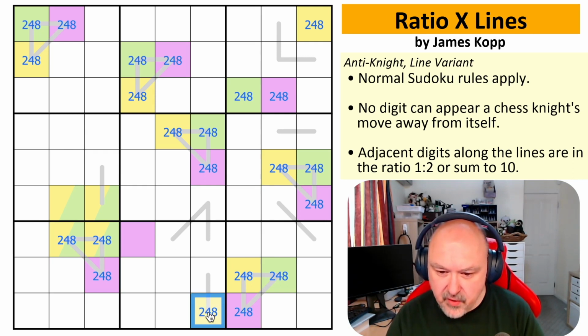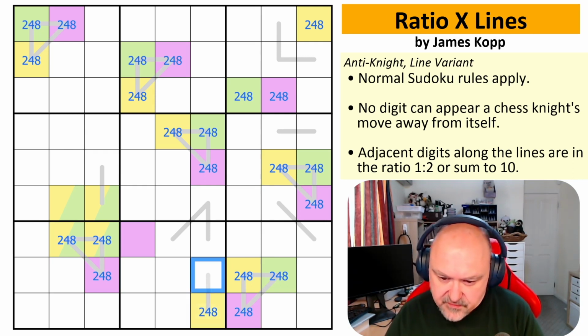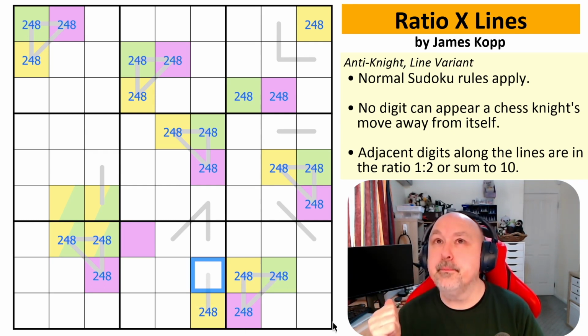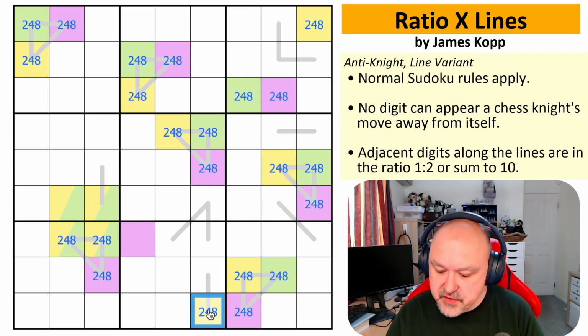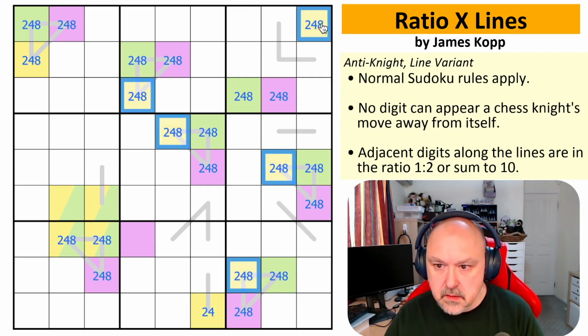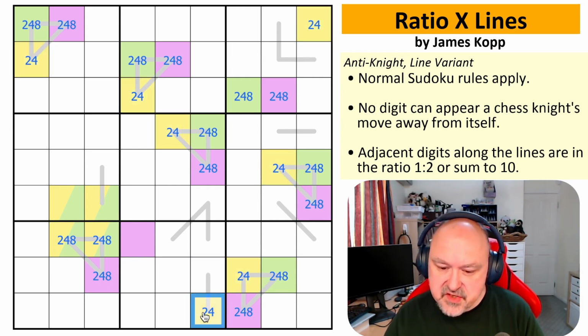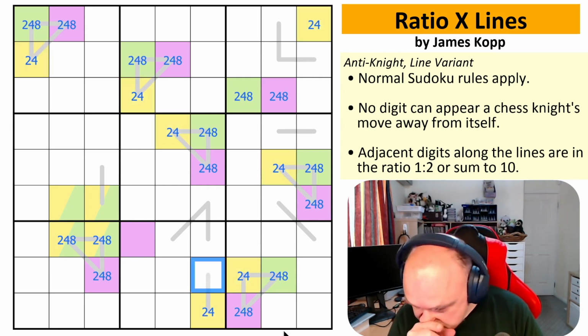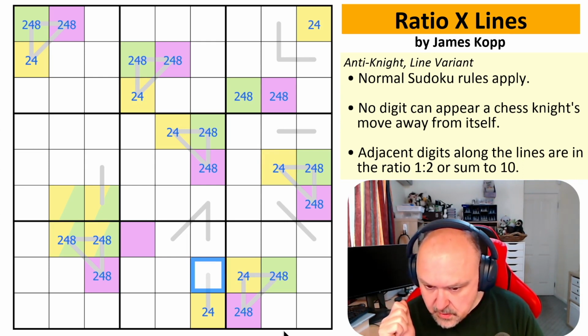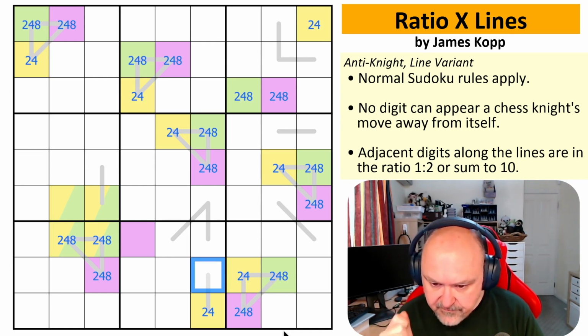So this is 2, 4, 8, but this can't be 2, 4, or 8. But 8 can only be in a relationship with 4 or 2, and this can't be 4 or 2. So yellow is not 8. So 2 can be in a relationship with 1, 4, or 8.